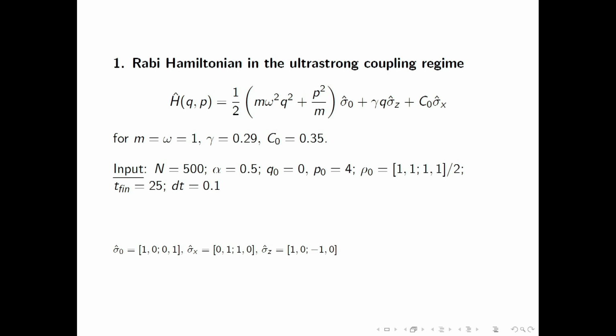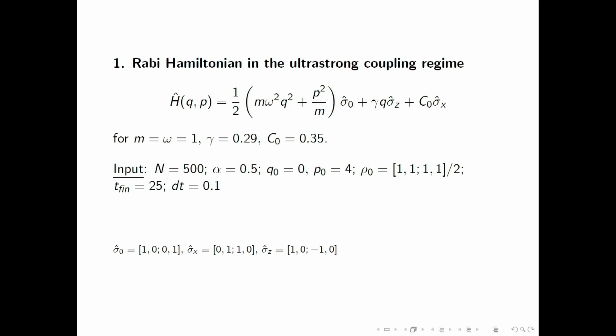The first result is the so-called Rabi Hamiltonian in the ultra-strong coupling regime. What is done here is we have a classical harmonic oscillator in the classical space, which is linearly coupled to a spin, and we also have a shift. The sigma x are the Pauli matrices, and the coupling constants are given here, and the shift constant.